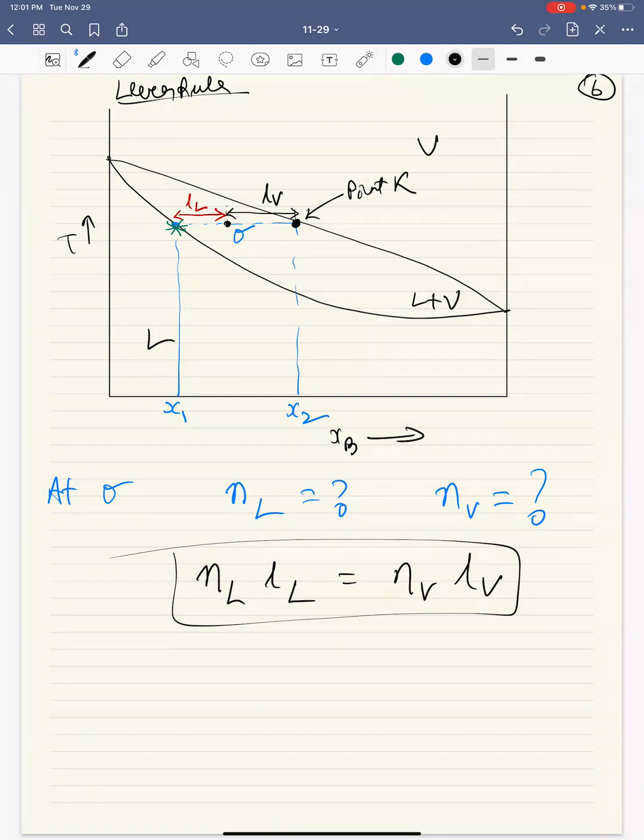What is the distance from the nearest vapor line? 0, right? LV is equal to 0. So what does that tell me about NL using Lever's equation? If I put LV equal to 0, then NL must be 0.